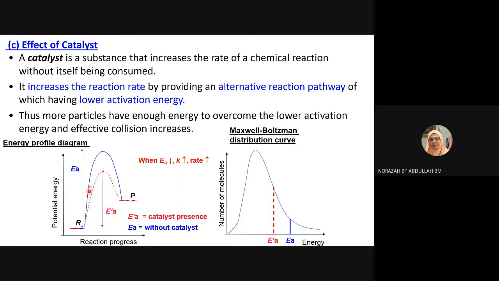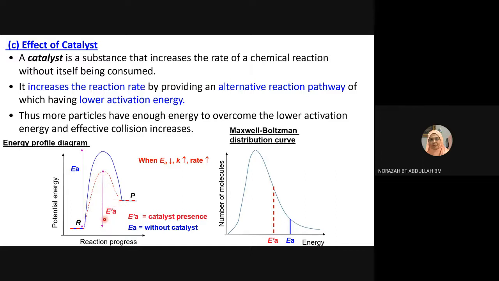Catalase dia provides a new reaction pathway atau alternative reaction pathway that has lower activation energy than the normal reaction without catalase. So yang biru ni without catalase, yang merah putus-putus ni adalah reaction with catalase.